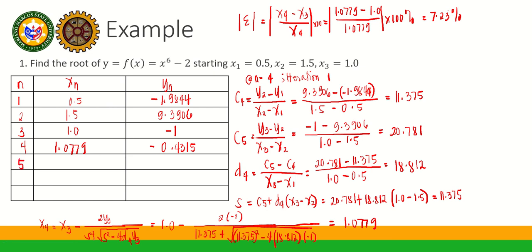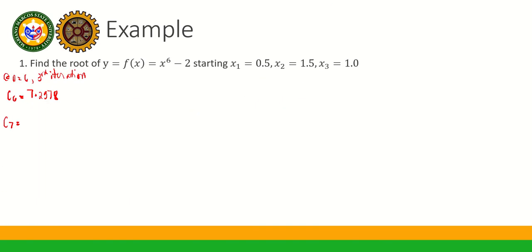So, at n equal to 5, our x sub 5 is equal to, na-compute natin kanina, that is 1.1170. So, if you're going to plug si x value natin dito sa function, we will get y sub 5 equal to negative 0.0577.